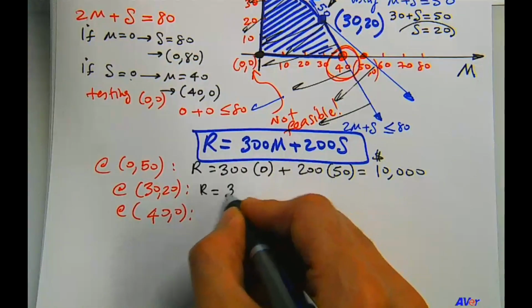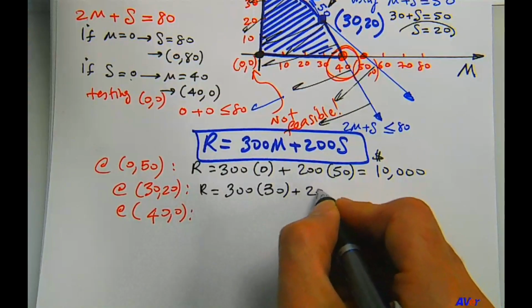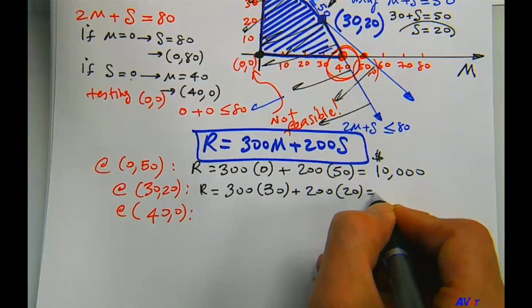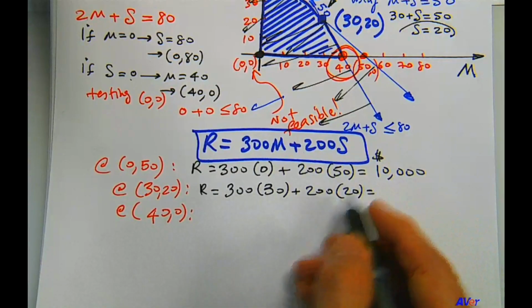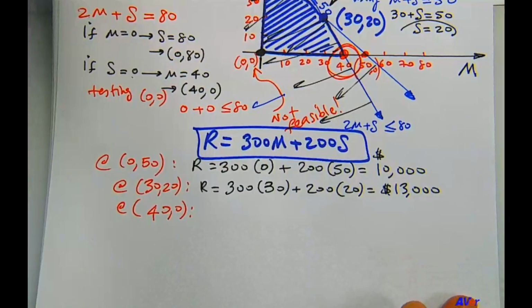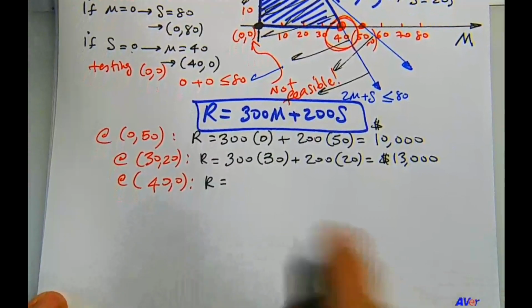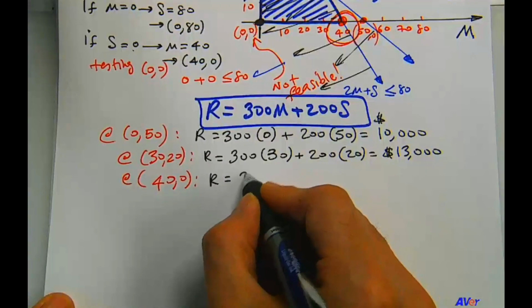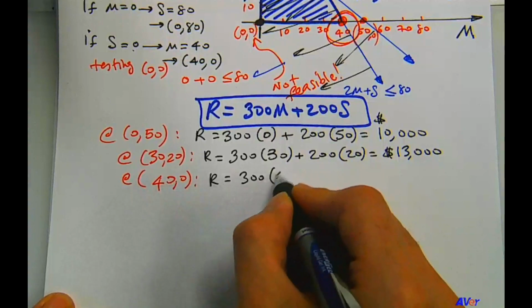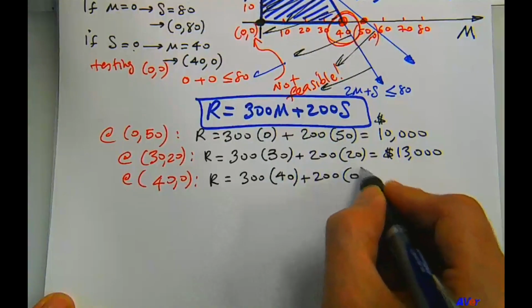So R equals, with this setup, 300 times 30 plus 200 times 20. So we have 9,000 plus 4,000. We have 13,000 here of revenue. And finally, 300 times 40 plus 200 times 0.